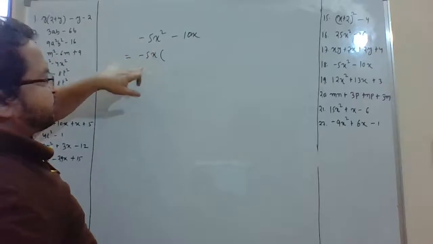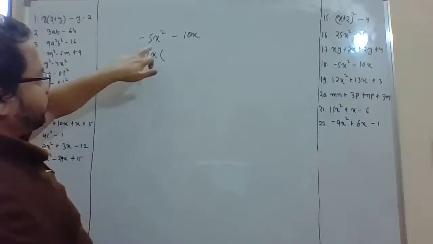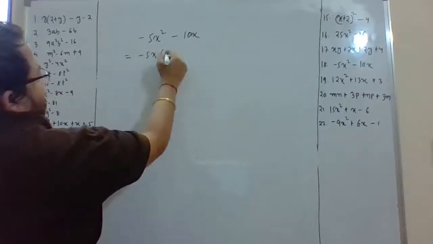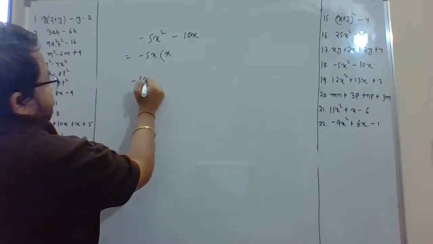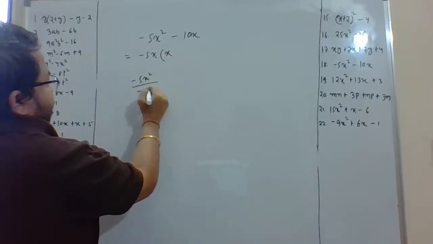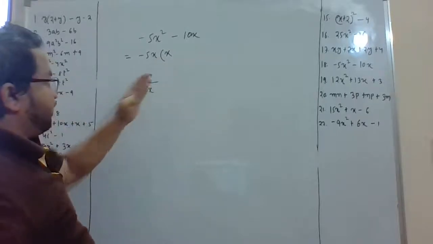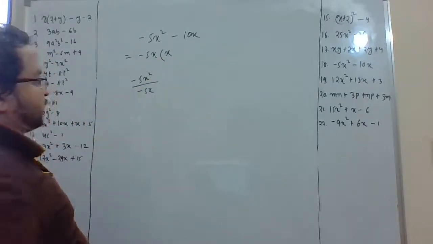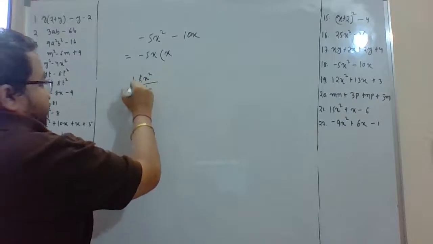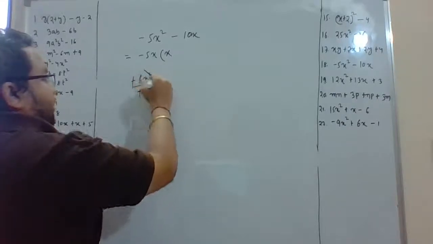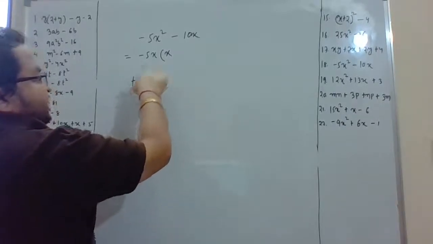So if I take minus 5x as the common factor, from here I'll get only x, because minus 5x squared by minus 5x, because this is what we mean by taking the common factor, right? We divide the common factor across all the terms. So 5 cancels out, minus minus cancels out, x and 1x cancels out. So what remains is x.